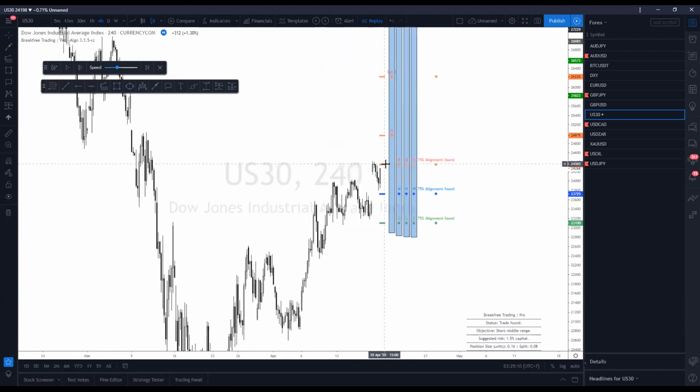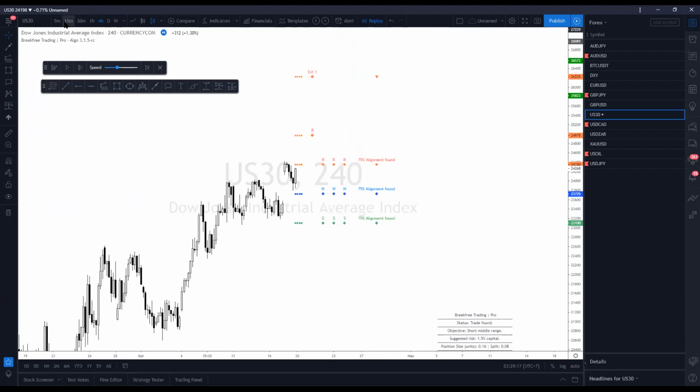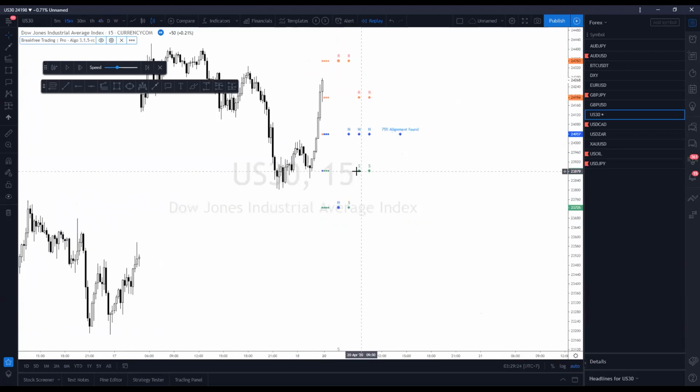But if I would go into the lower time frames, we're going to see probably something like, let me see. So you can see we only have 2 S's here on the far right-hand side, right? So those are still good zones, but they're going to be weaker.